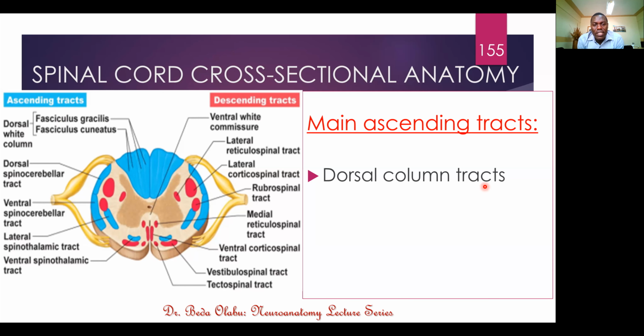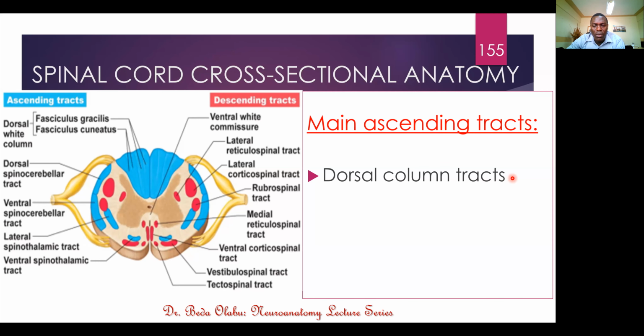We said that tract is a group of axons with similar function, as opposed to peduncle, which is a collection of different tracts. So here, fasciculus gracilis, or the gracile tract, and fasciculus cuneatus, or the cuneate tract, are part of the dorsal column.